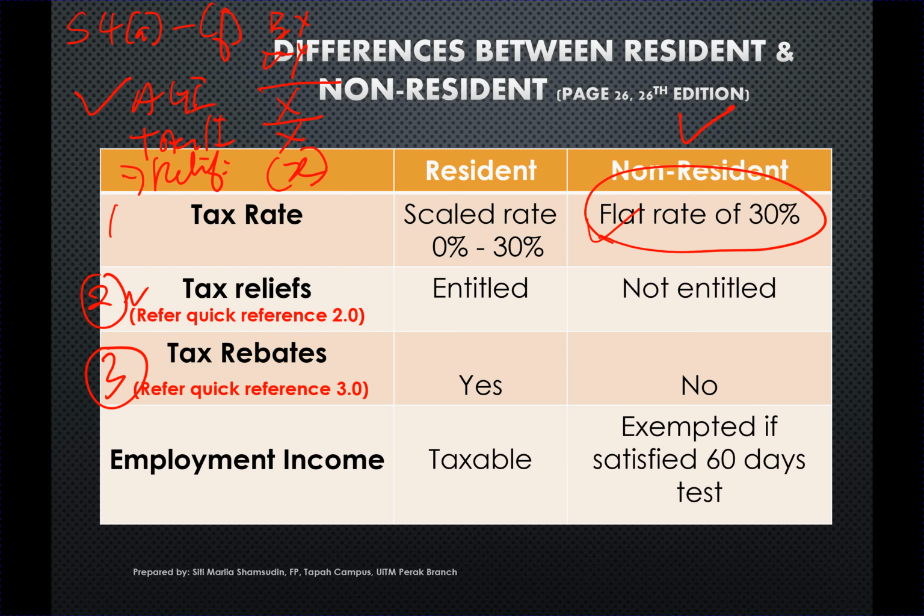So basically, from the aggregate income, you will get the total income, minus relief, and finally you get the chargeable income. This relief is only entitled if you are a resident in Malaysia, and relief is very good. Why? Because in our tax computation we deduct it, meaning your chargeable income will be lesser. You are going to have a lower chargeable income.